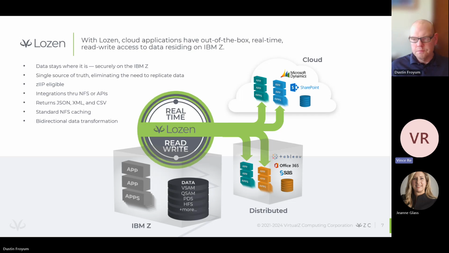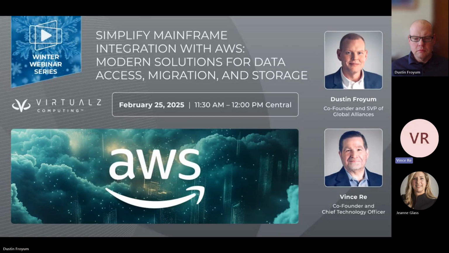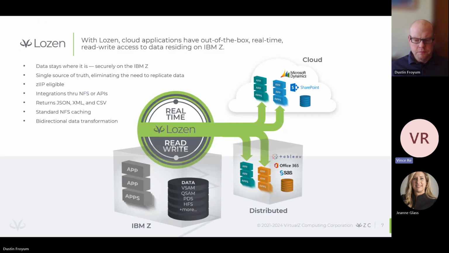You can go down that path that we talked about before with change data capture and ETL, and these are hard things to make work, especially if you've got applications that remain on your mainframe that need to update this data at the same time as applications in the cloud environment.